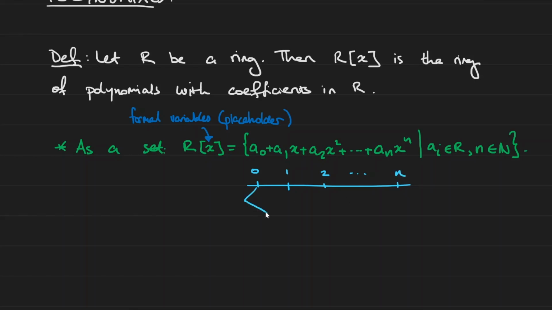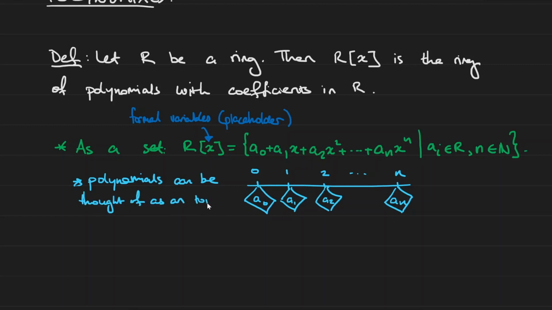Each of these positions you hang a clothes hanger on, and each of these clothes hangers carries a ring element. So you have the a0 hung on there, and the a1 hung on there, and so on. So each of these polynomials, you can think about as a tuple of ring elements. It's simply a way to collect a bunch of ring elements together into one. And of course this tuple is ordered and has a finite length.